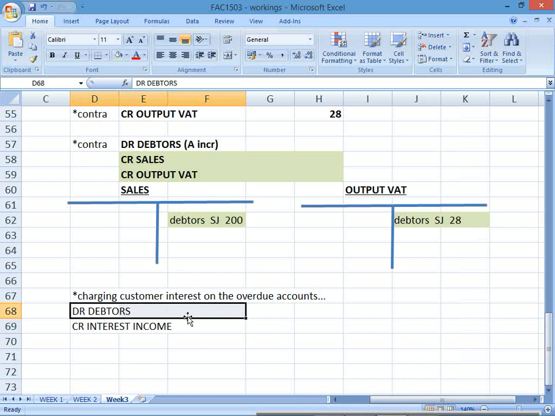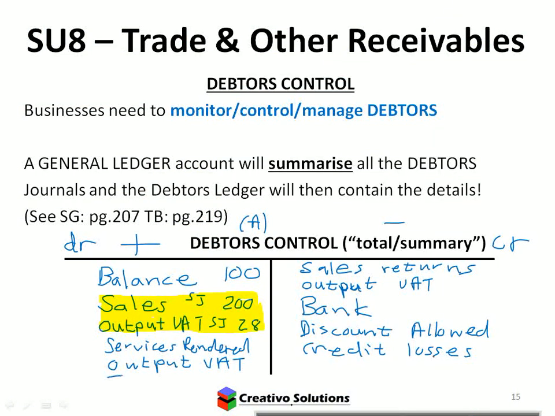So debit the debtors, credit the interest. That's possible. So what do I do to the debtors? I debit the debtors, with the interest income.